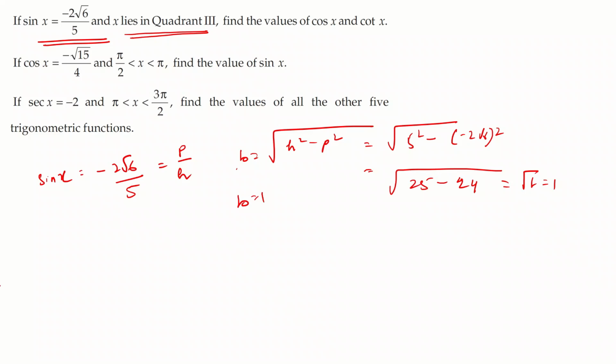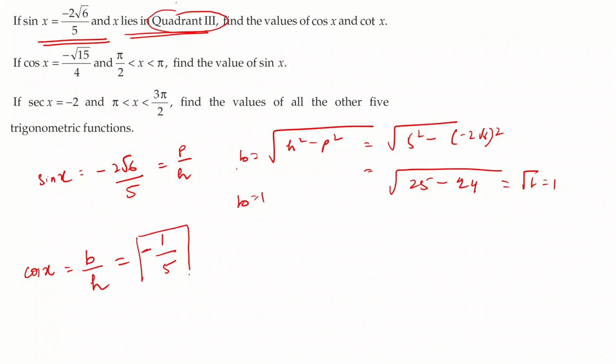Now they have asked us to find the value of cos x. We know that cos is base by hypotenuse. The only thing you have to keep in mind is the quadrant. In which quadrant is it lying? They are saying that it lies in the third quadrant. We know that in the third quadrant, cos has to take some negative value. So base is 1 and hypotenuse is 1, and you just supply it with a negative sign, because whatever it is, it has to take a negative value.